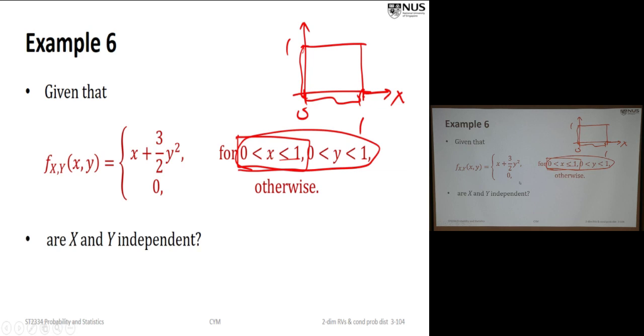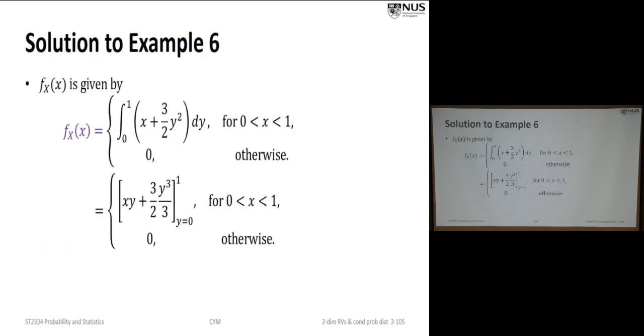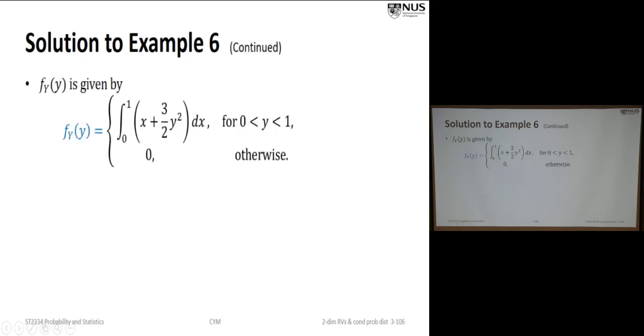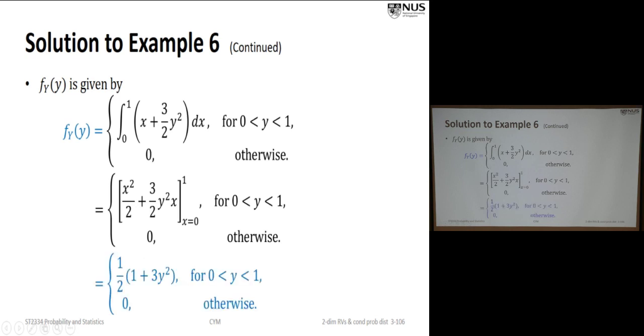Then are x and y independent? We try to get f of x and f of y, and I leave it to you, as I have already done it. So you just follow. f of x is equal to x plus half, where x is between 0 and 1, and f of y is equal to 1/2 times (1 plus 3y squared), when y is between 0 and 1.